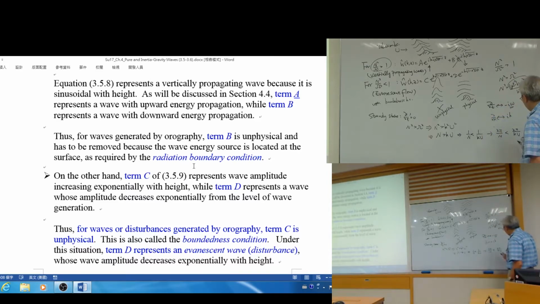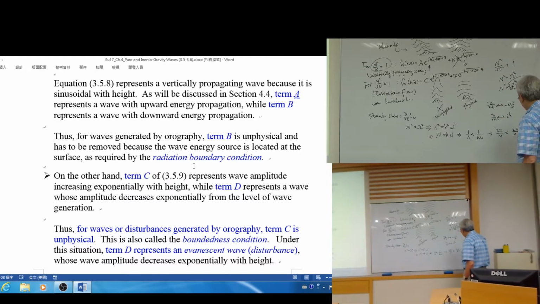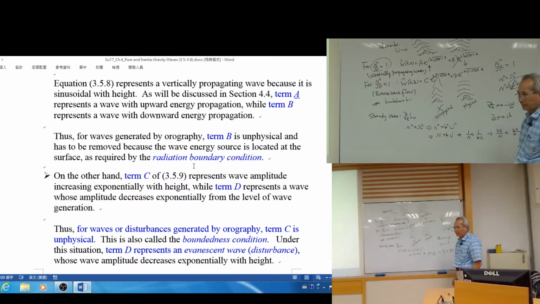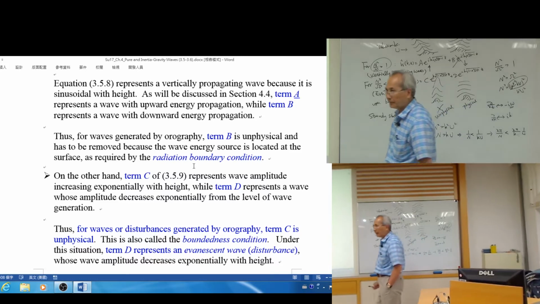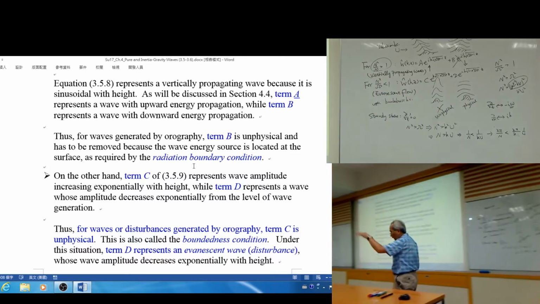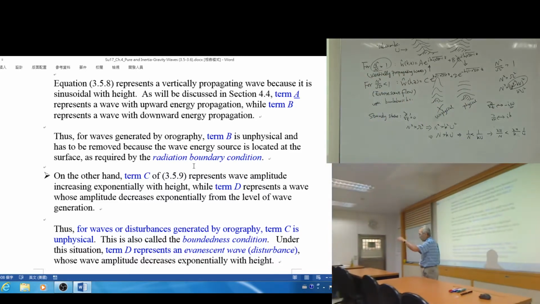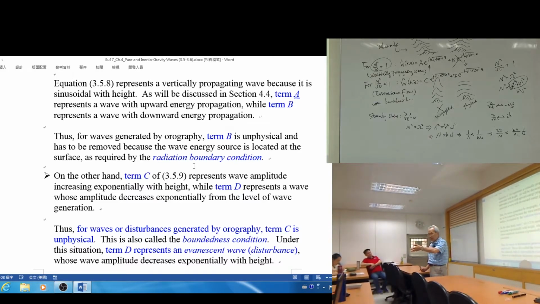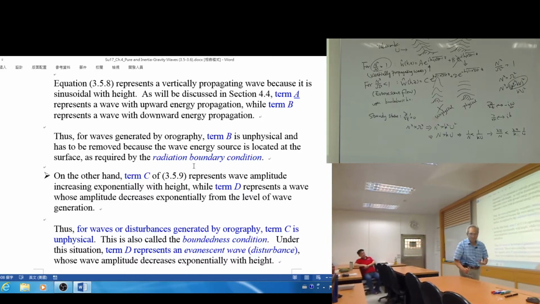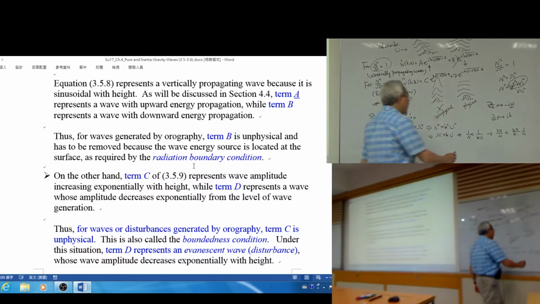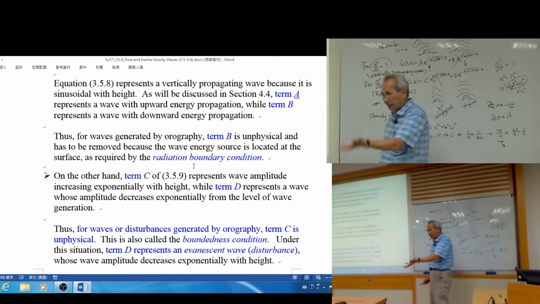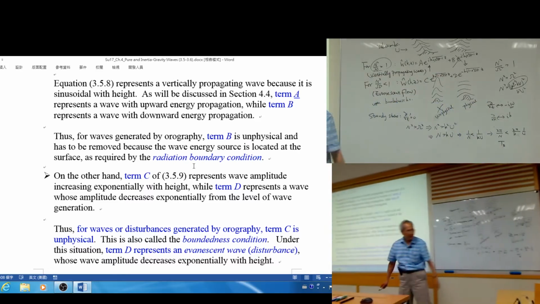So what's 2 pi over n? n is the Brunt-Väisälä frequency. 2 pi divided by frequency is the period, and this period is associated with buoyancy, vertical oscillation.